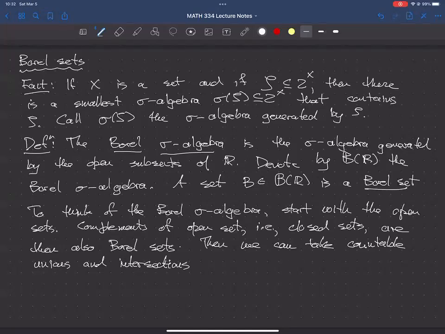Although as we saw, the fact that countable intersections are contained in a sigma algebra is just a result of the fact that countable unions are, along with the complementation property. But let's include that explicitly since we're not really trying to prove anything here. We're just trying to get an idea of what the Borel sets look like. So we can take countable unions and intersections of closed or open sets, and all of these are going to be Borel.